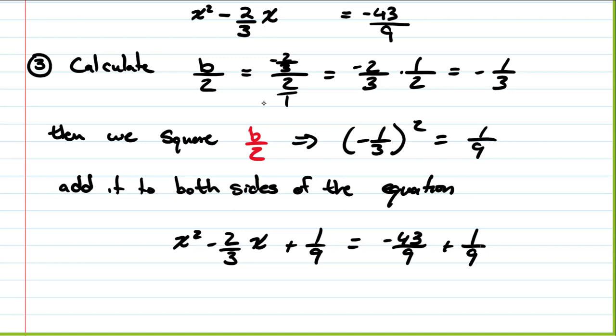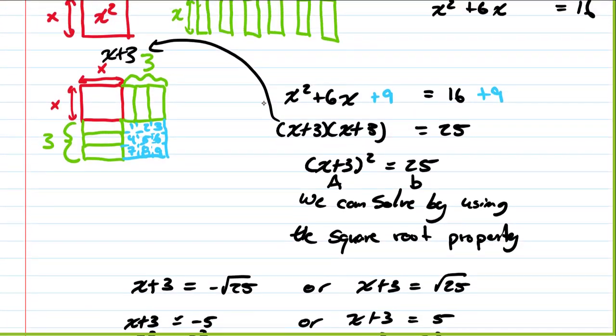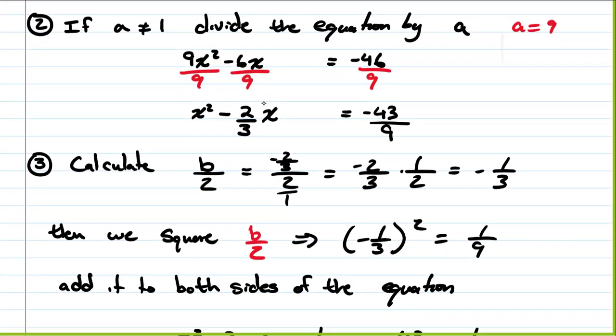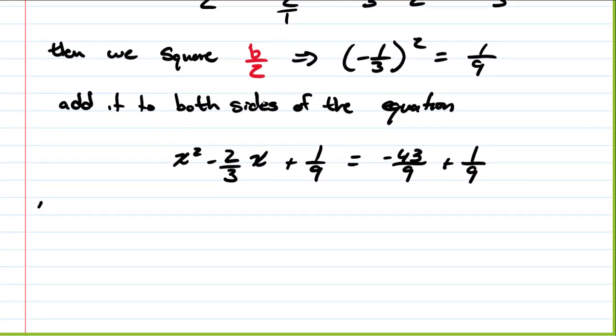All right, so then what did we do next? Well, up here, we then factored and simplified. So now step 4 is we're going to factor and simplify.